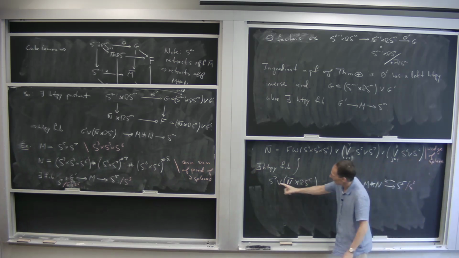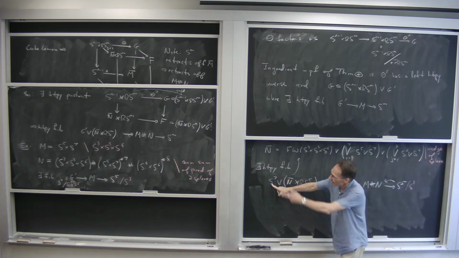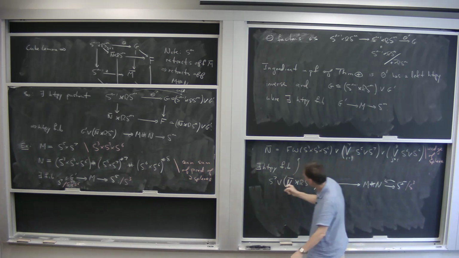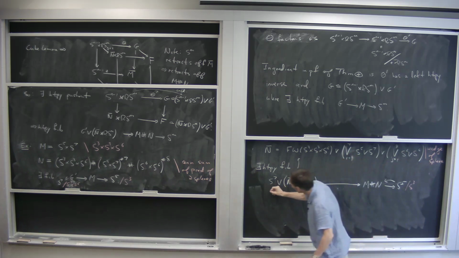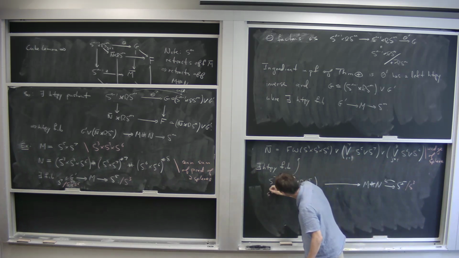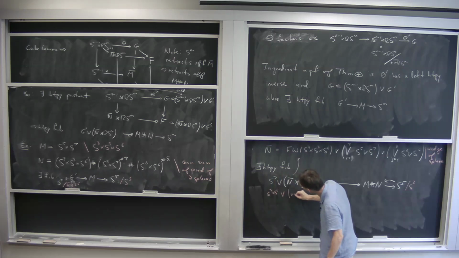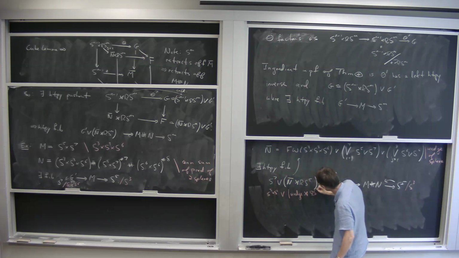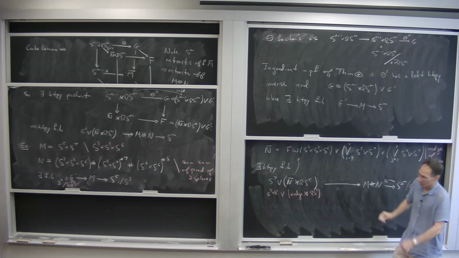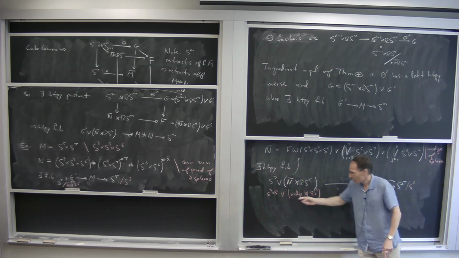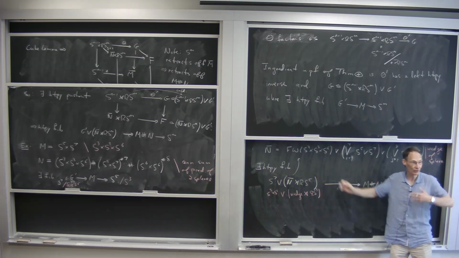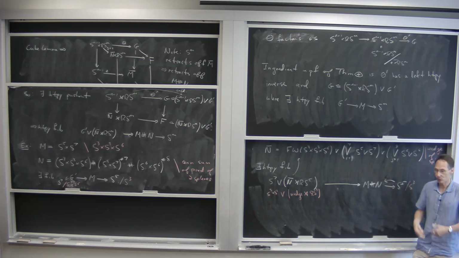This would look like you'd have a product of an S3 cross S6 wedged with this wedge of spheres, half smash loop S3. So if for some reason you preferred to work with this sort of presentation of the homotopy groups, you could do that.